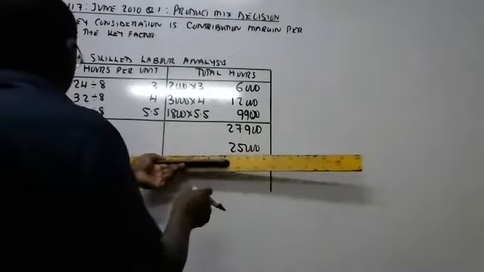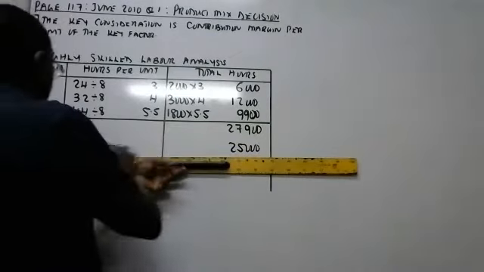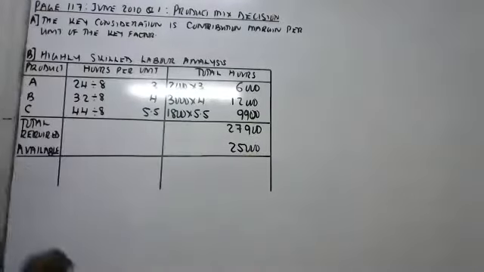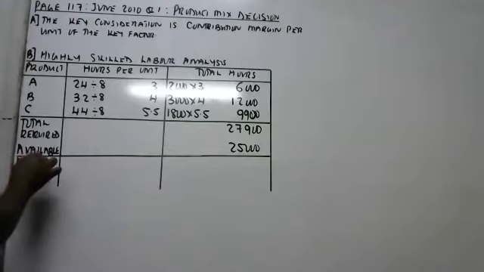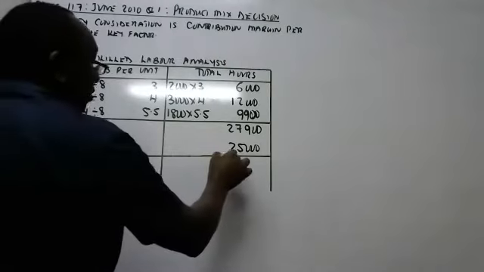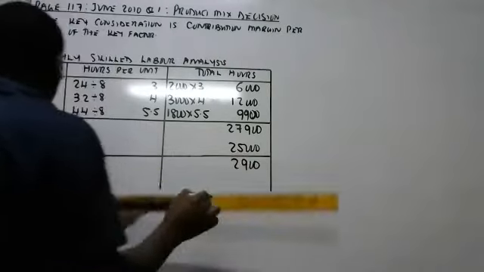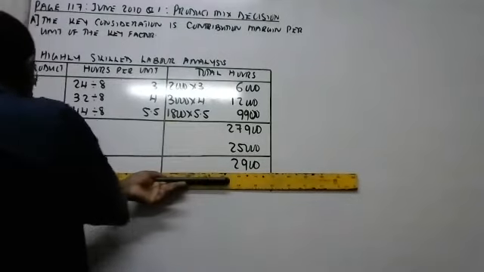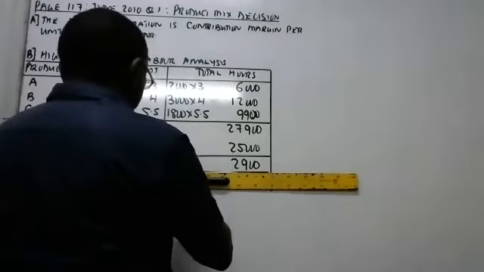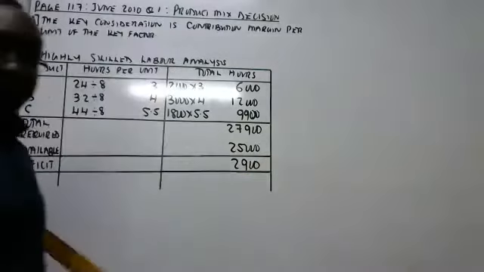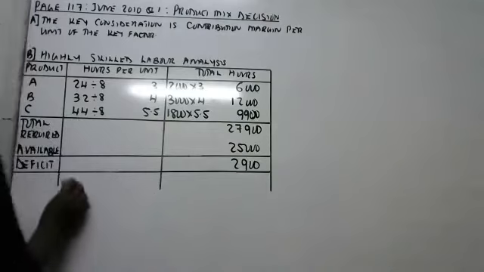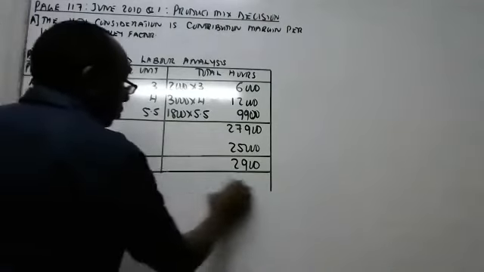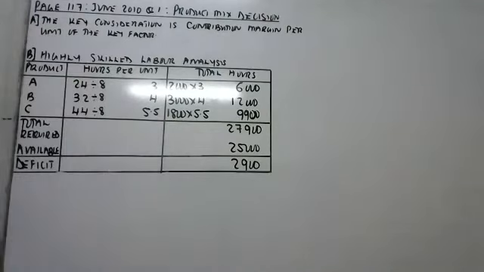So that tells you that the deficit or the shortfall is 2,900. The deficit is 2,900. That is the shortfall.